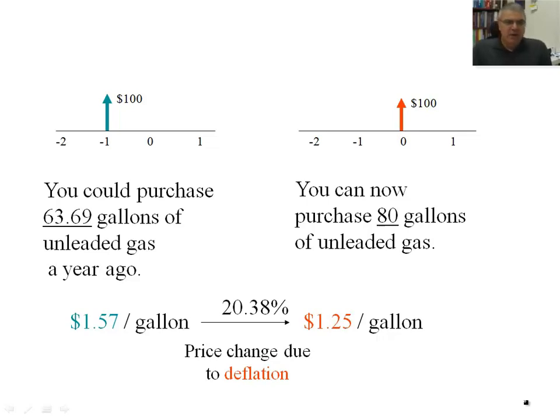So another example, let's imagine that you could purchase 63.69 gallons of unleaded gasoline a year ago, and assume, for the sake of argument, this is not true, but assume that it is $1.57 per gallon, and a year later it is $1.25 per gallon.